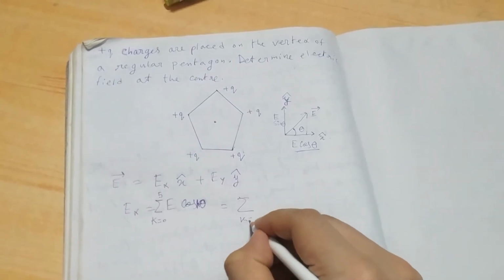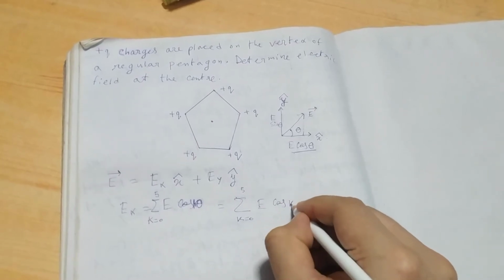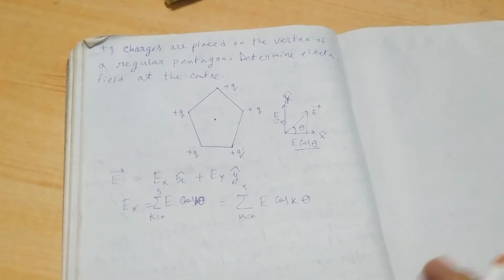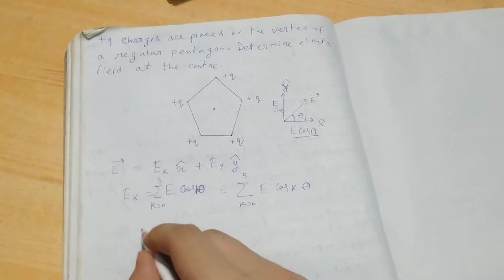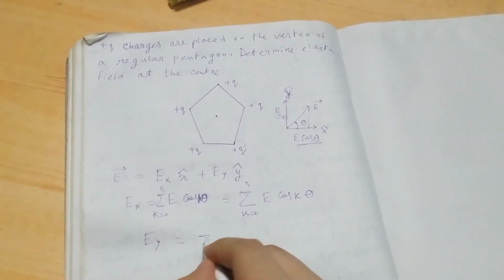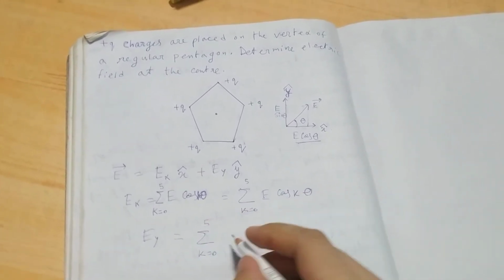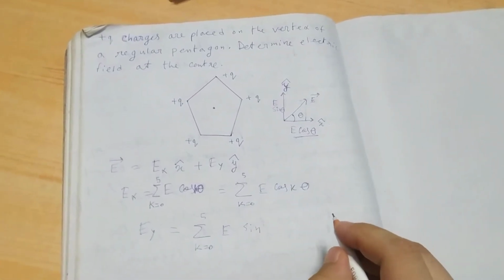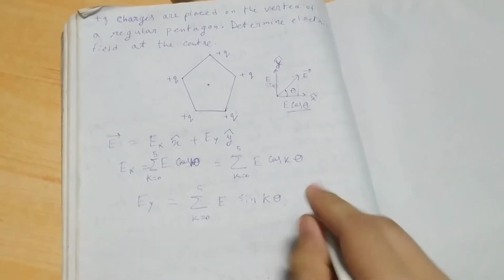I hope I could make you understand. And Ey, the summation of all the y components, will be like this: E sin k theta.